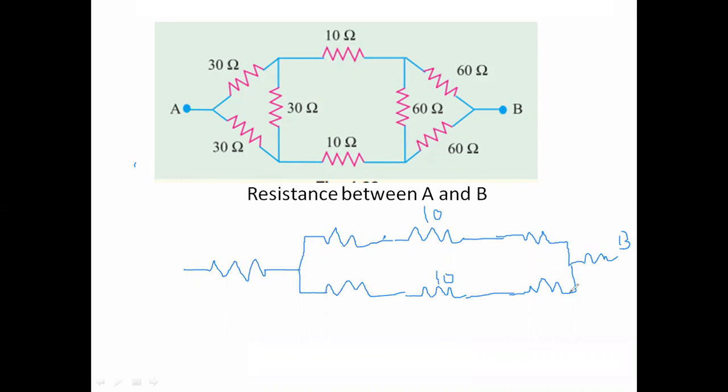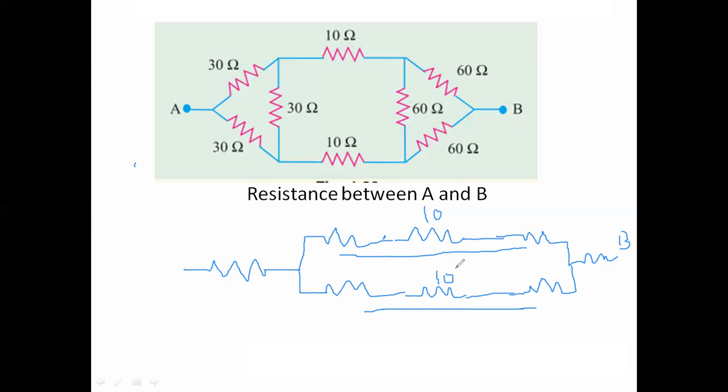The corresponding delta network is replaced with the star network. Now these three resistors are in series. Obtained values are in parallel, and that value is in series with the remaining two resistors. We can simply solve.